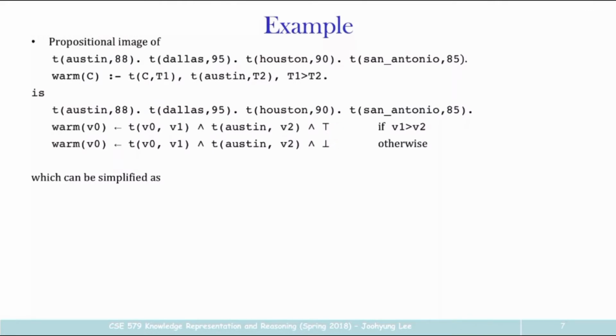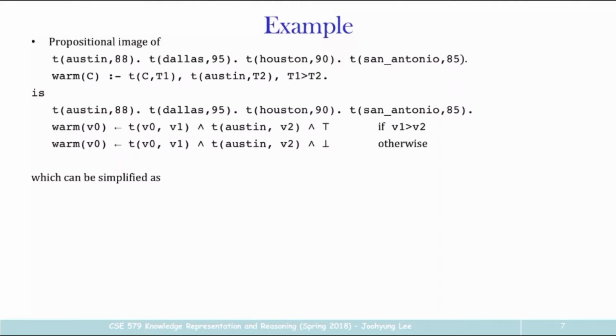Let's say V1 is 2, V2 is 4. In that case, the instance says, let's say V0 equals Phoenix. This particular instance satisfies that condition, right?